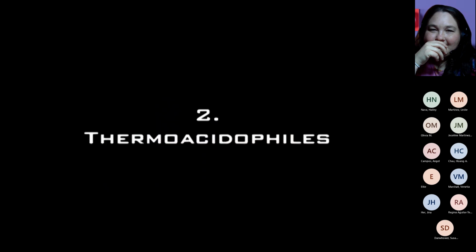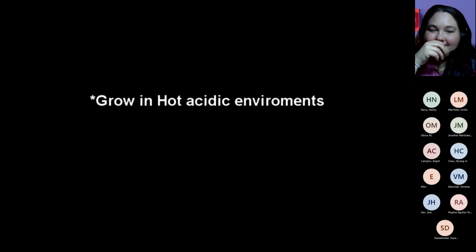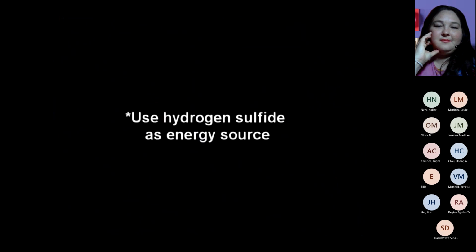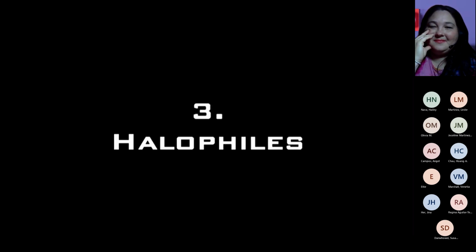And cow... Thermoacidophiles. They usually grow in hot acidic environments like hot springs and use hydrogen sulfide as an energy source. Oh, sorry. I don't know how that got mixed in. Halophiles.